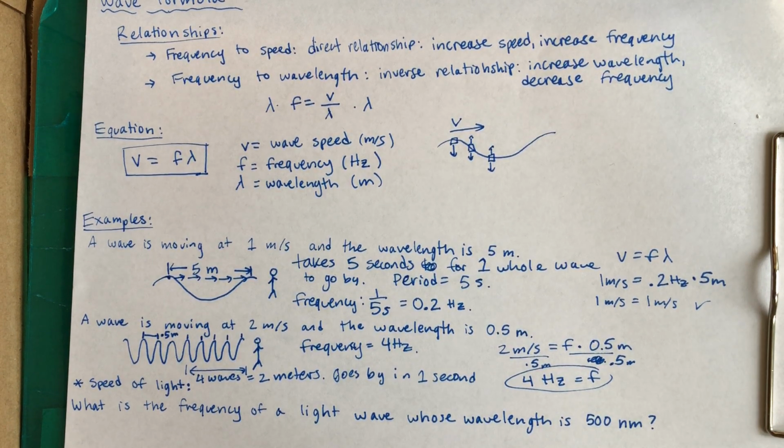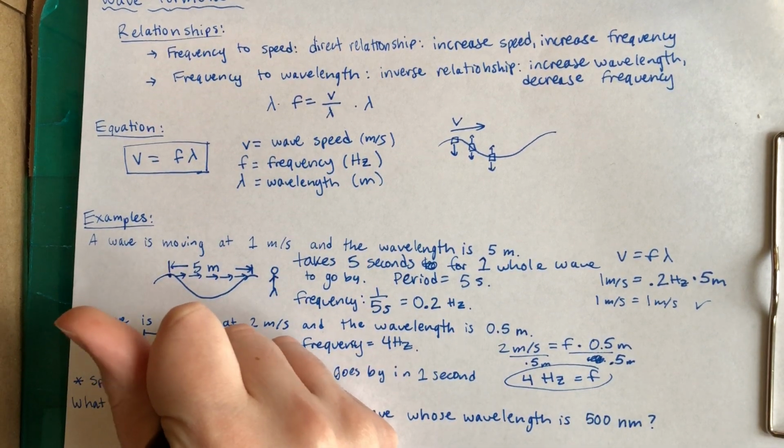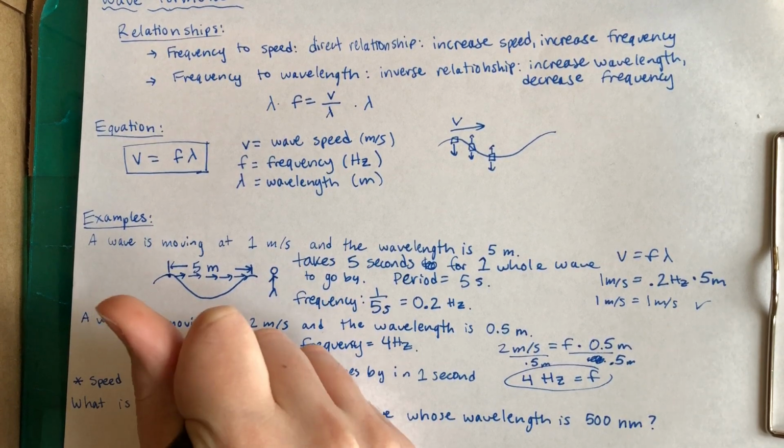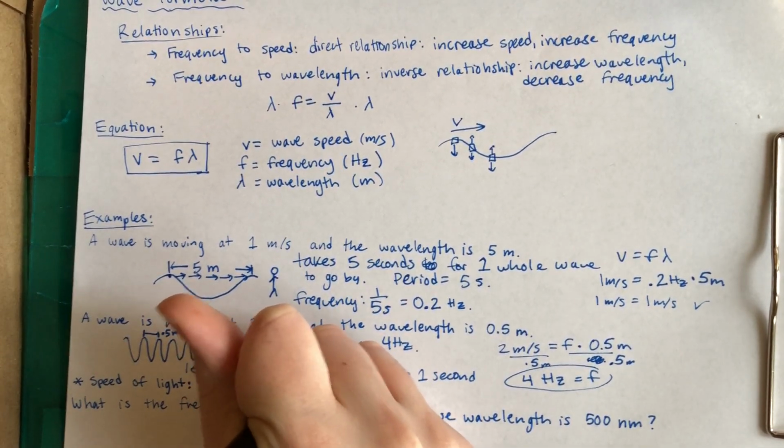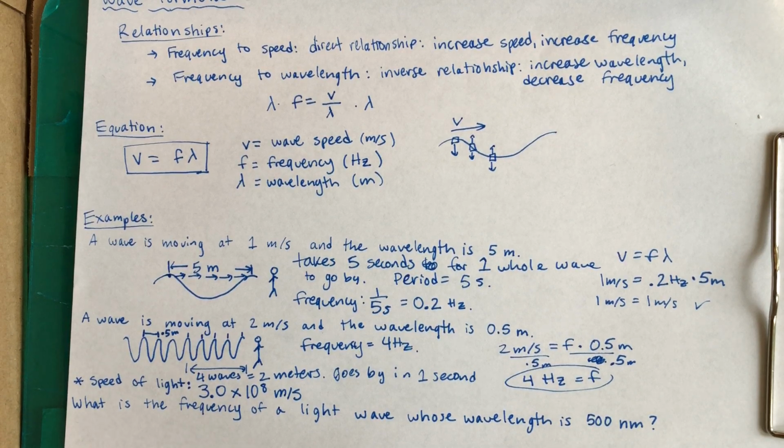What's convenient about light waves is that the speed is always the same. The speed of light is 3.0 times 10 to the 8th meters per second. I think it might have a couple more digits on the reference table. It might be 2.99, but for this example, we'll just do 3.0 times 10 to the 8th meters per second, which is very, very fast.